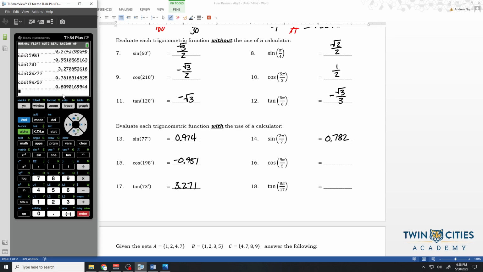This is 0.809. And lastly, tangent 8 pi over 17. Tangent 8 pi divided by 17. This is 10.792.